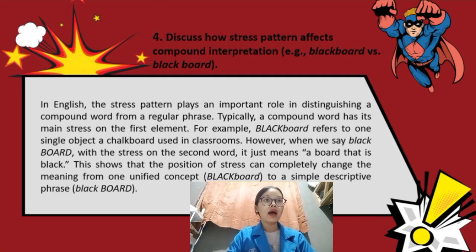For example, blackboard refers to one single object used in the classroom. However, when we say black board with the stress on the second word, it just means a board that is black. This shows that the position of stress can completely change the meaning from one fixed concept, blackboard, to a simple descriptive phrase, black board.